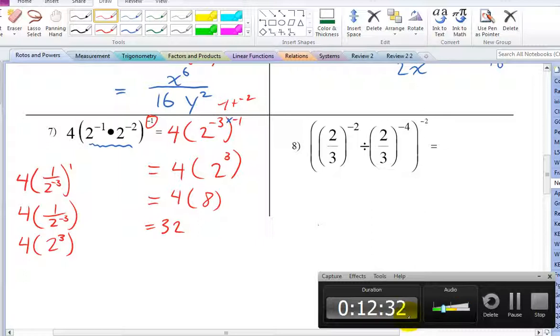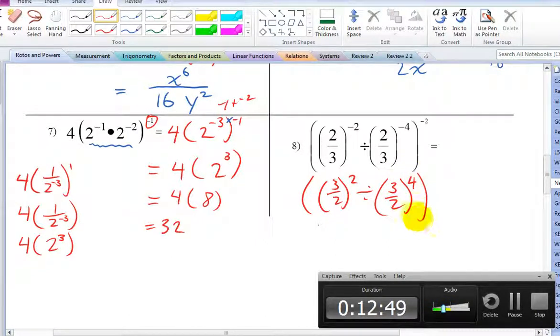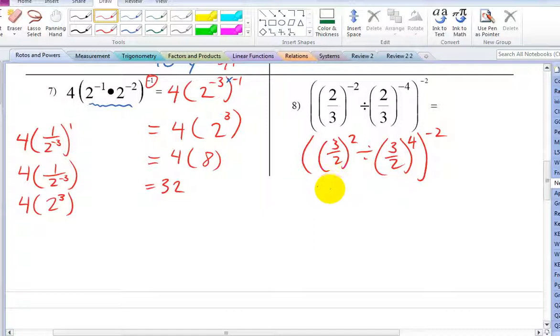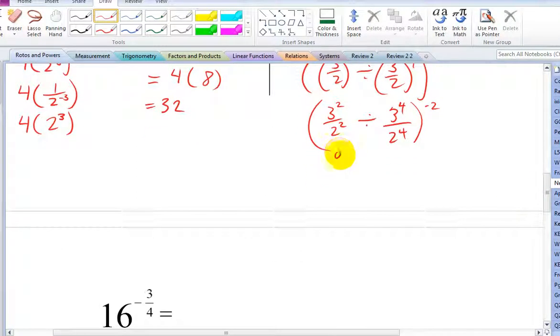Now, when you divide fractions, what are you supposed to do? Flip it and multiply. Okay. This is non-calculator, remember.